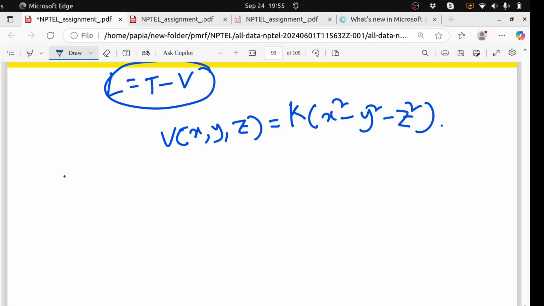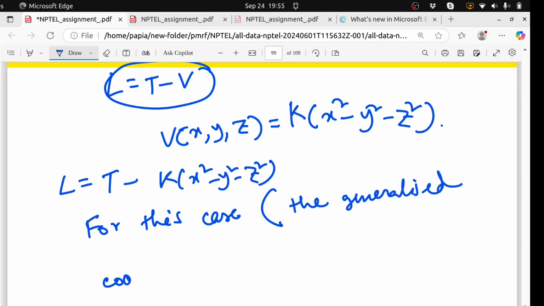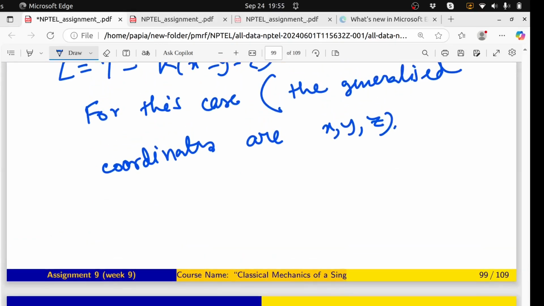For this case, the generalized coordinates are x, y and z, right?